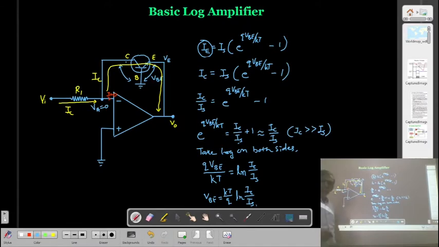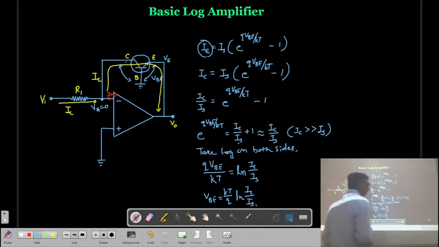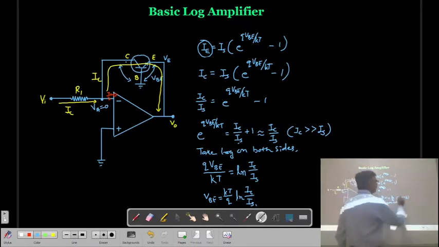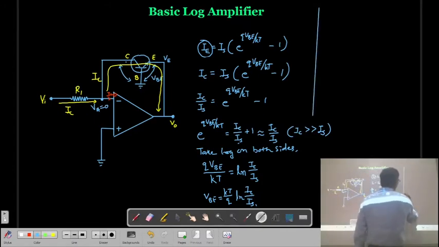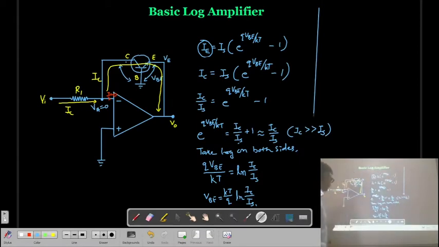Now this VBE is nothing but the output voltage. Remember, if you apply Kirchhoff's law, then this will be positive, this is going to be negative. This voltage is positive, and here we are measuring this voltage, then this is going to be a ground. So this is a positive terminal and a negative terminal.